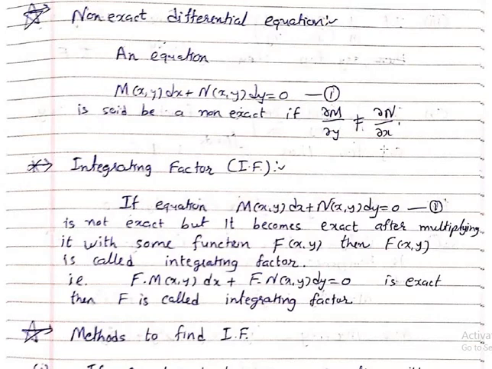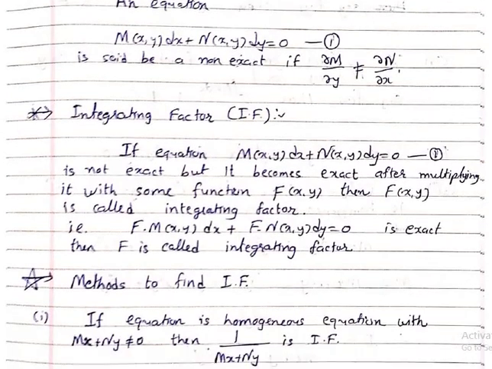Now some of the non-exact equations can be reduced to exact differential equations. For that, you have to multiply the original equation by some function, and whatever function you are multiplying, that function is called the integrating factor.